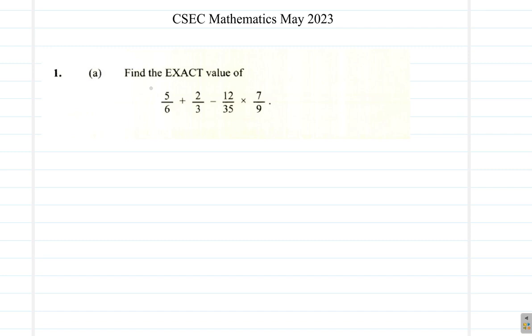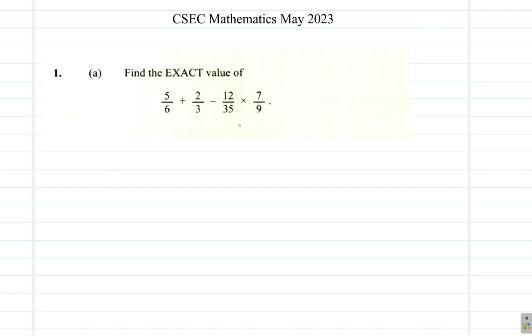Here, what we have is 5/6 plus 2/3 minus 12 out of 35 by 7/9. Alright.